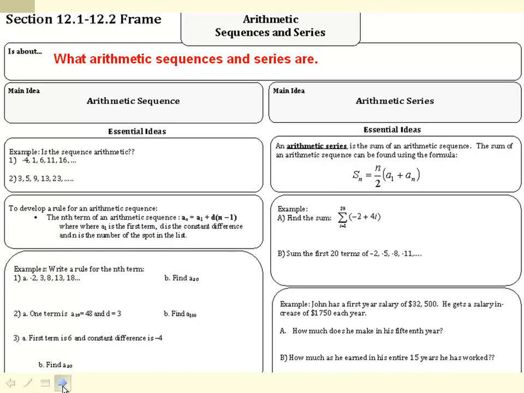We're going to get specifically into a type of sequence now and series, and it's called arithmetic. And when we talk about an arithmetic sequence, I even want to add to this, arithmetic means there's a constant difference between terms.